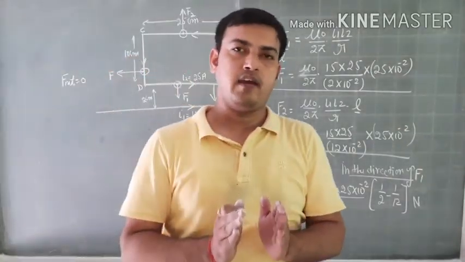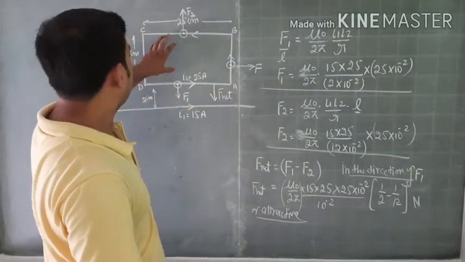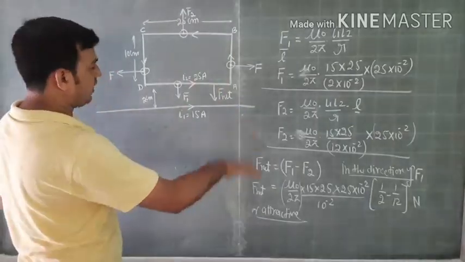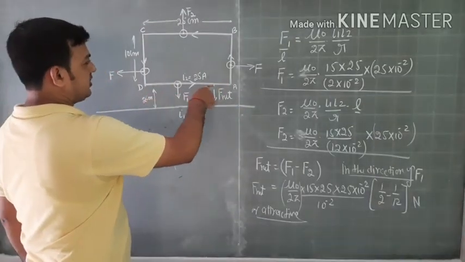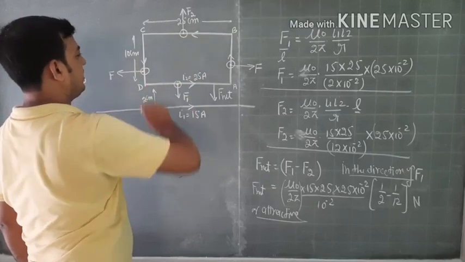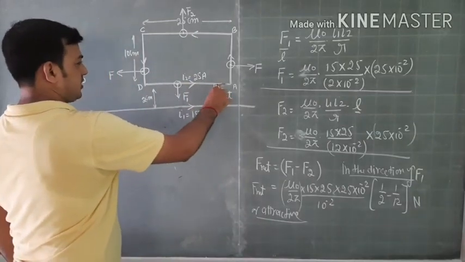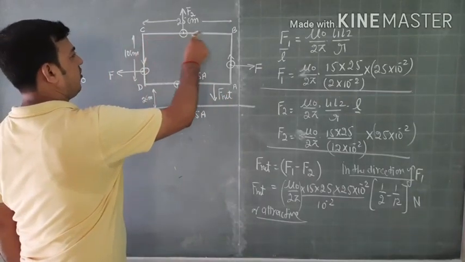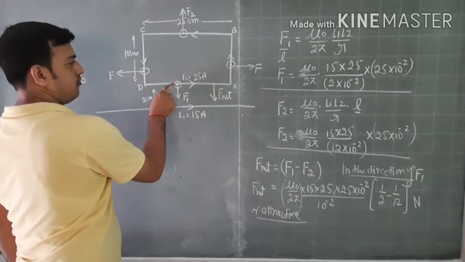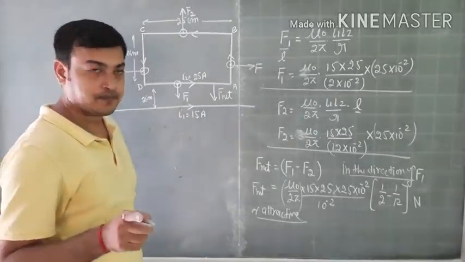So this is the way you can solve such kinds of problems, and we can easily conclude from this calculation that in this case the direction of current is anti-clockwise. If I just reverse the direction of current, meaning I make the current flow in the clockwise direction, then this force will be in the opposite direction, because the currents are in opposite directions.